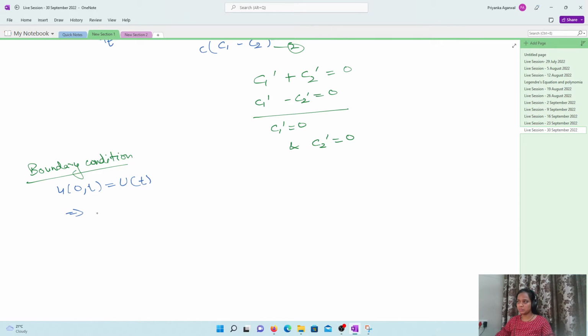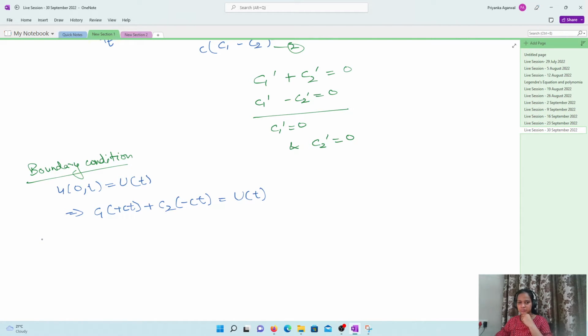So this will become c1 of ct plus c2 of minus ct equals some u of t, right?